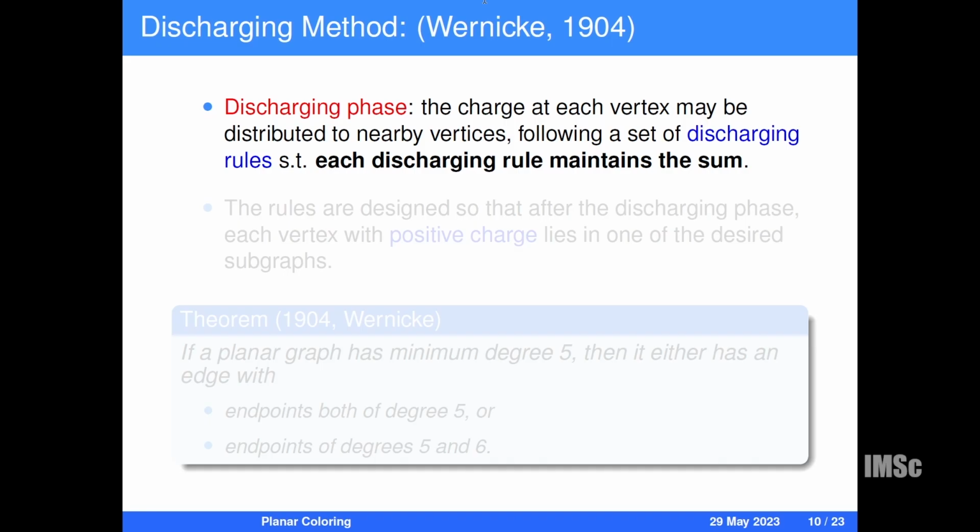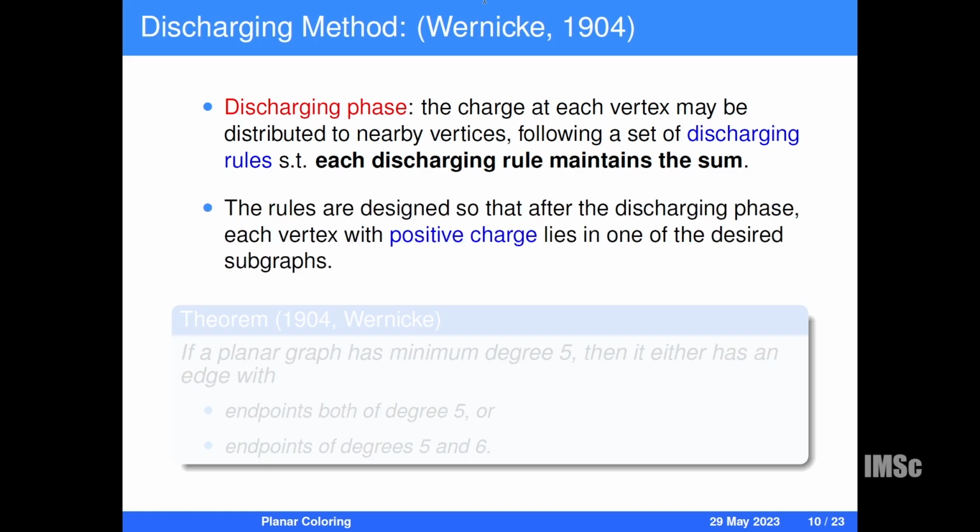Notice that in this process, the overall sum of charges on all the vertices remains equal to the sum that you started with. The sum will be equal after every discharging step. That's the invariant. The rules are designed in such a way that after the completion of the discharging phase, every vertex with a positive charge lies in one of the desired subgraphs.